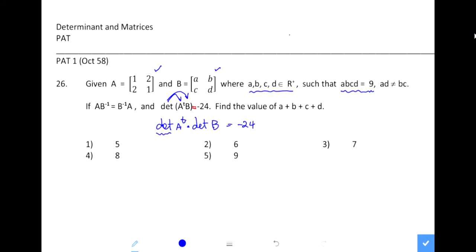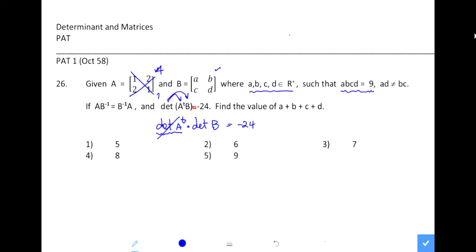Okay, so here we have det of A transpose. If you are a good student and you have watched all the videos, then you should know that we have a property that det of A transpose is exactly equal to det of A. So we can just find det of A for det A transpose. So det of A is down is 1, up is 4, so down minus up is negative 3.